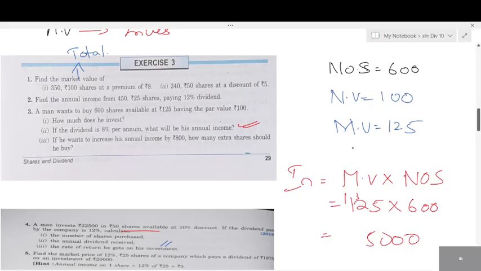Don't scribble; don't write it like this. Nominal value and market value are fine, students, but number of shares, write it in full. Investment, write it in full. What's the answer for investment?